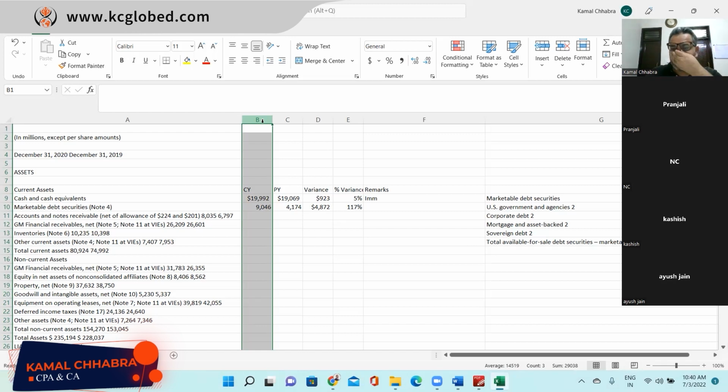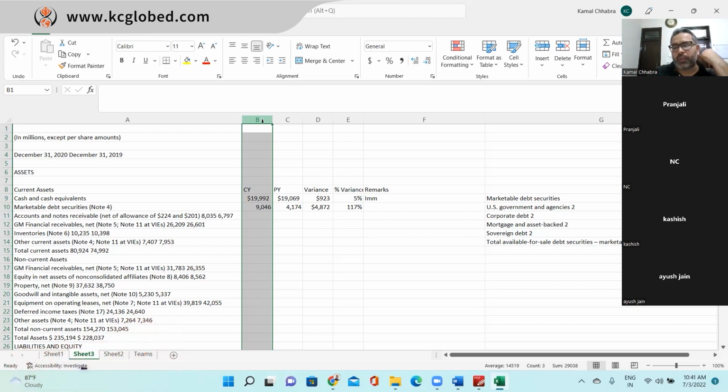As we mentioned, planning is separate and substantive is separate, because at the planning stage, maybe you will be doing planning in September, let's say, taking June balances and projecting the December balance. Half year performance multiplied by 2 would be your full year performance. So current year numbers are your estimated numbers, not the actual numbers. But when you are doing the final analysis at year end, at that point of time it will be your actual numbers.